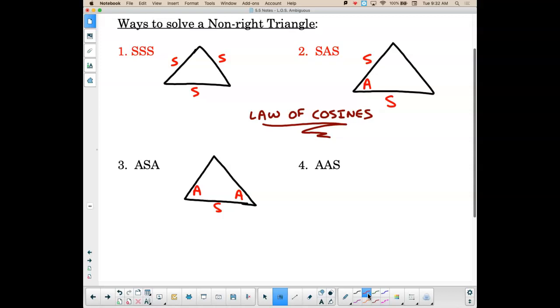Law of sines. Yeah. Why can we use law of sines? Because we can find the other angle. You can find that third angle, and then we've got that one complete fraction. Love it.